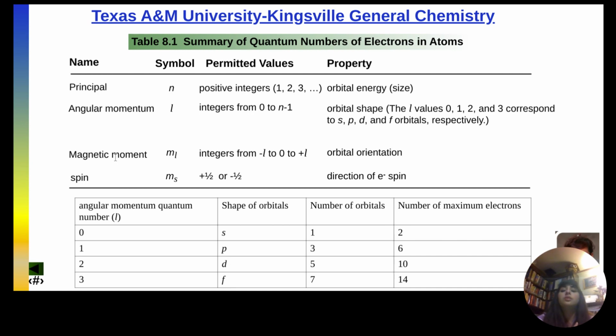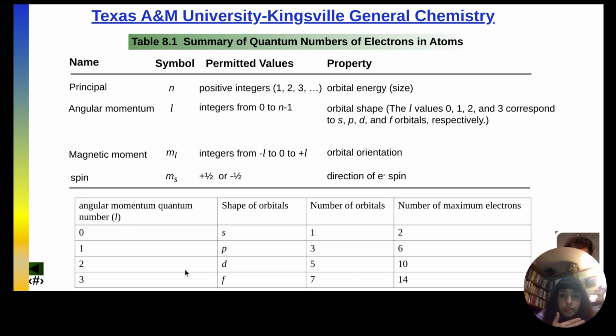Another graph we're looking at here is our angular momentum quantum number, l. We have 0, 1, 2, and 3. The shape of these orbitals is s, p, d, and f respectively.